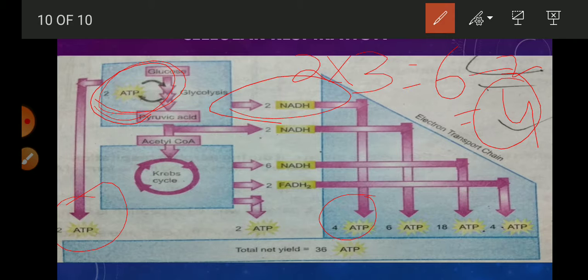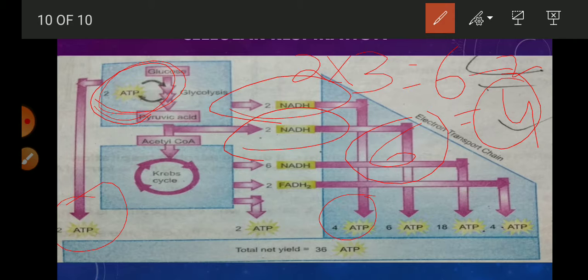And if we see the NADH production, from pyruvic acid converting into acetyl coenzyme A, we get 2 more NADH. So 1 NADH produces 3 ATPs in the electron transport chain, so here we'll get 6.